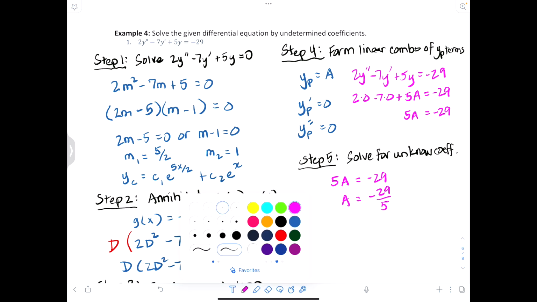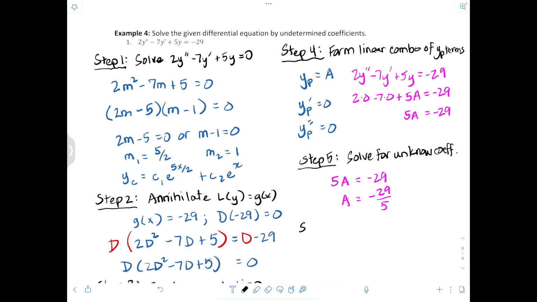And then we go ahead and make our general solution.